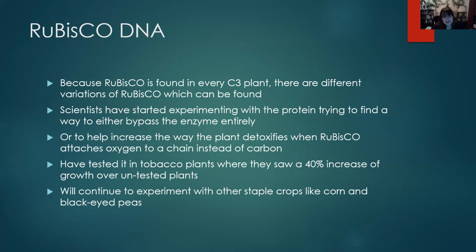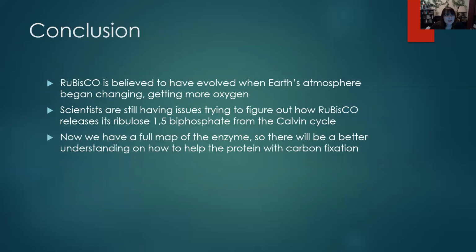So they tested this where they injected the plant with cyanobacteria, and they have tested in tobacco plants where they saw a 40% increase of growth over the untested plants. So they are going to continue to experiment with other staple crops like corn and black-eyed peas.